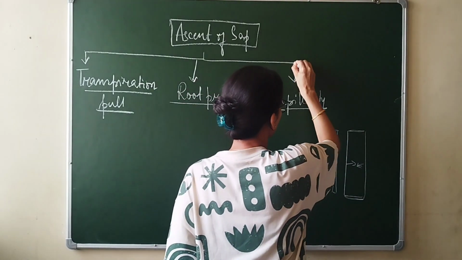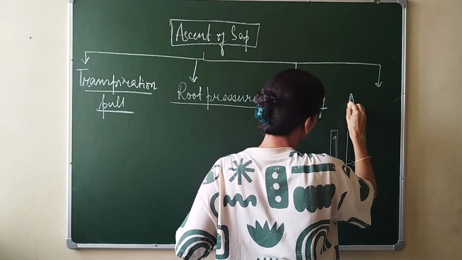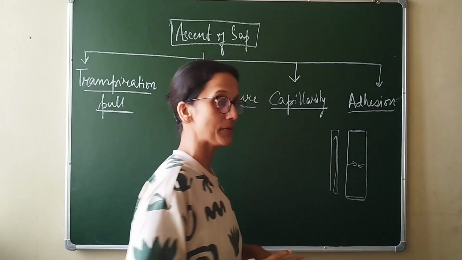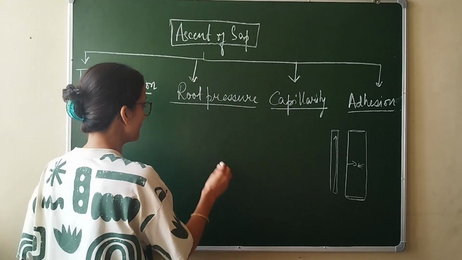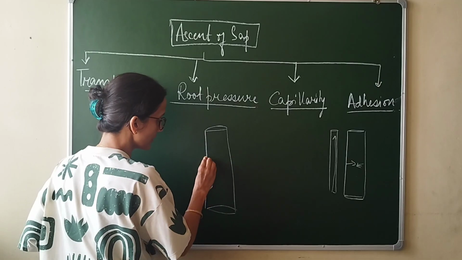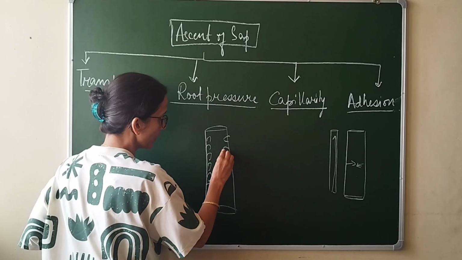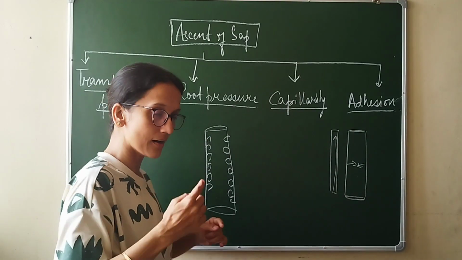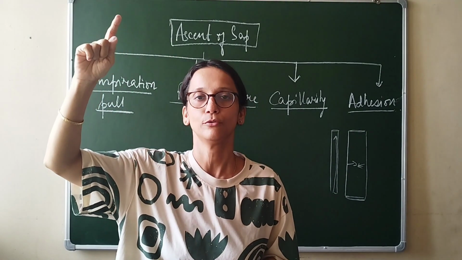The fourth property that helps in this is called adhesion. What is adhesion? Adhesion is the property by which the water molecules can remain attached to the surface of the xylem while they are transported upwards. This helps in a regulated movement of water through the stem.